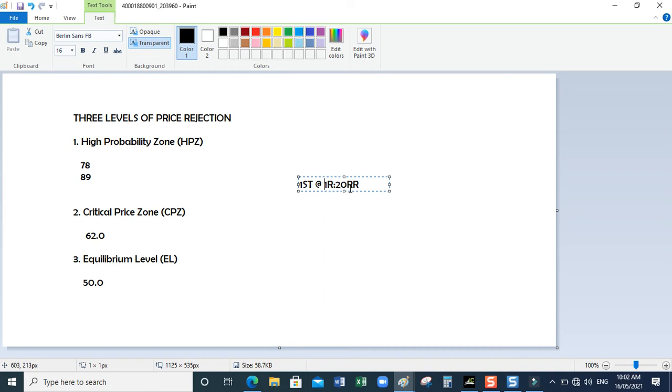Yeah, you are sure that price will hit it, guys, because price has touched that zone of 78 or 89. If it's 62.0, your first take profit could be around this. I'm talking of an experienced trader, please. If you're not an experienced trader, leave your first take profit at 5.